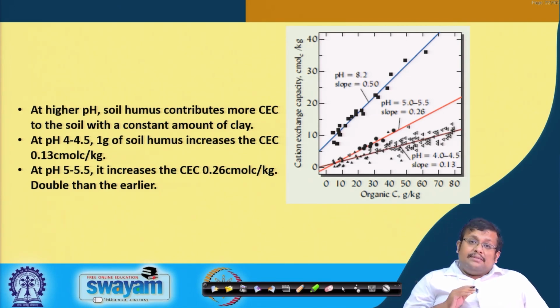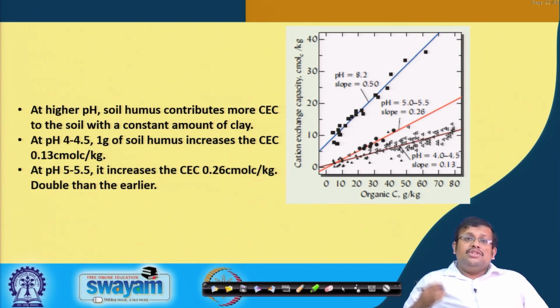As the pH increases, there is more dissociation of the carboxyl groups as well as the phenolic groups of the organic matter, which attract more cations. Obviously, that will increase the cation exchange capacity.